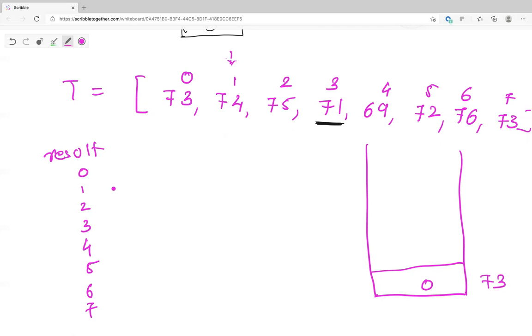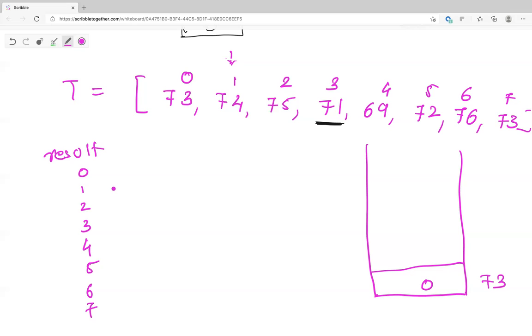So let me walk through this, the current one that we are looking at. You have 73, you go to 74. When you go to 74, you look into the stack and you see 73. Is 74 going to kick 73 out of the stack? Yes, because it's bigger than that. And I now know the answer for index 0, because that's the first largest element on my right.